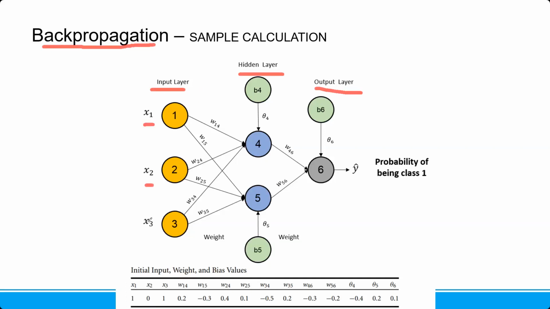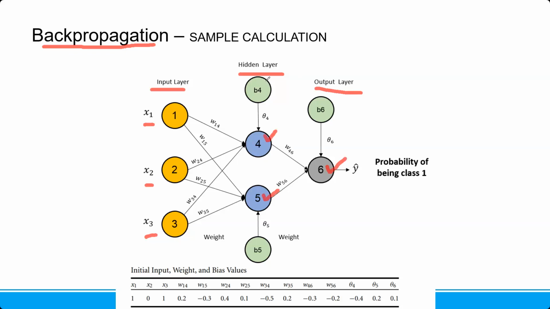The input layer can be any number, but we have the variable x1, x2, and x3. In the hidden layer, we have two nodes, node number 4 and node number 5. In the output layer, we have one node.